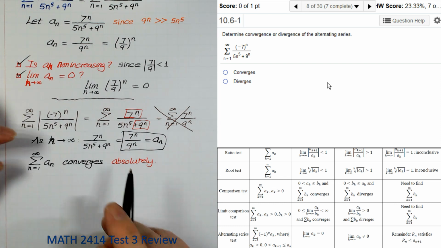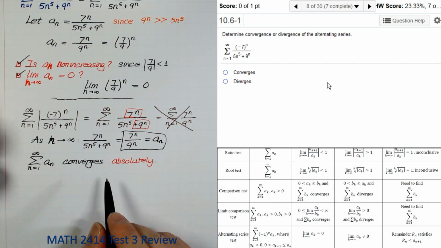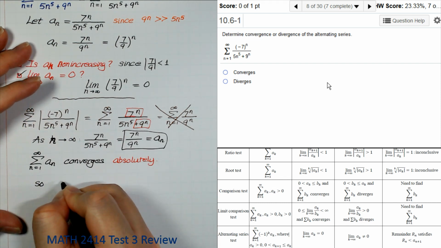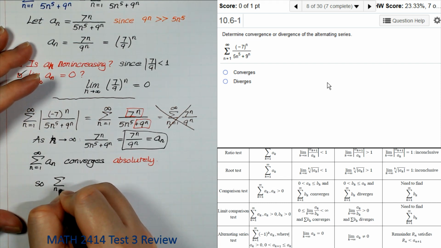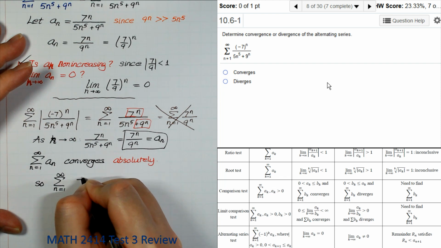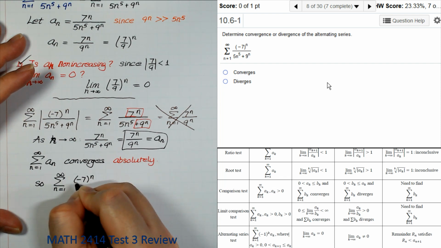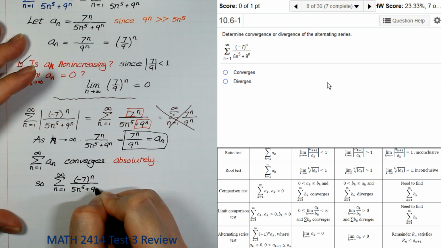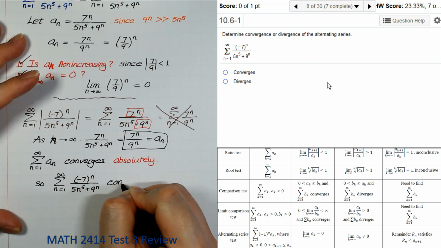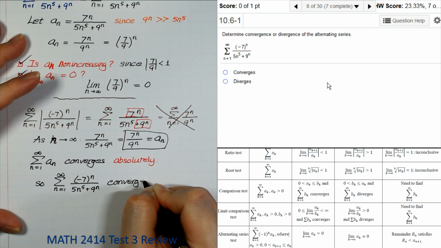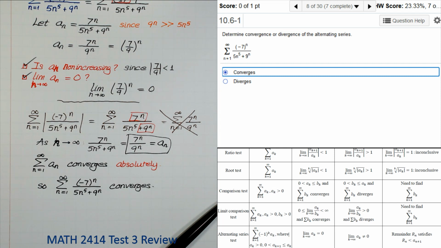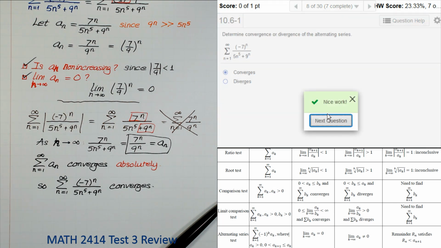And if it is convergent with absolute values, it will be convergent without it. So if it converges with absolute values, it will converge without it. And that's the way we should do the problem.